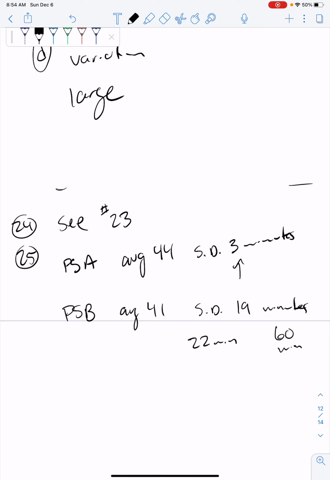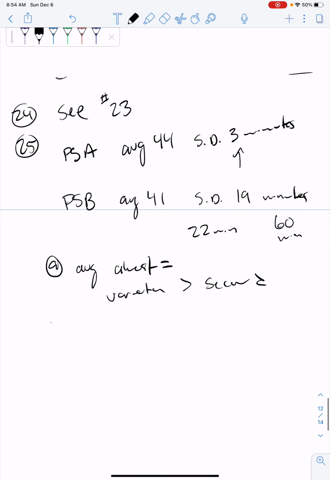So the average is a little bit lower, but the distribution of the times is a lot more spread out, okay? So for part A, you would say something like the averages or the means are almost equal, but the variation is a lot greater for the second pizza shop.